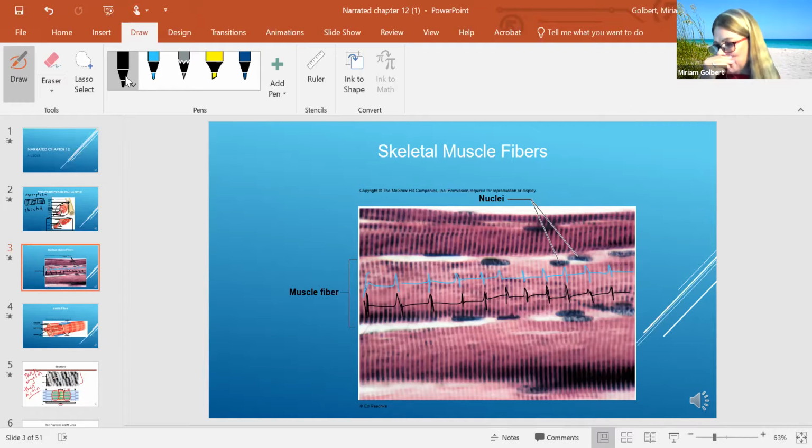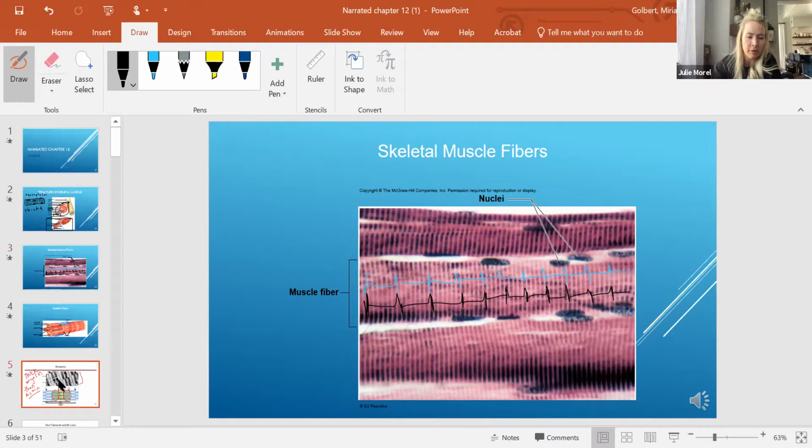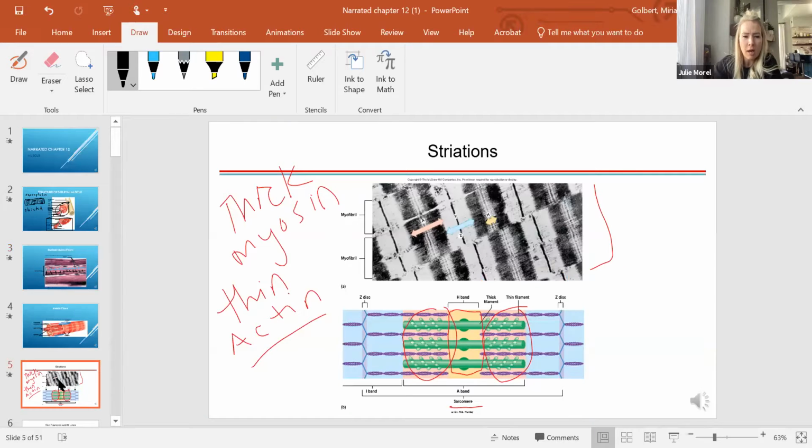Julie M. Okay, so if we go back to the other slide with two images on the top, I see the pink, blue, and yellow, but I want to make sure the thin black line is Z discs, right? And then the thick black areas are overlapping. Yes.